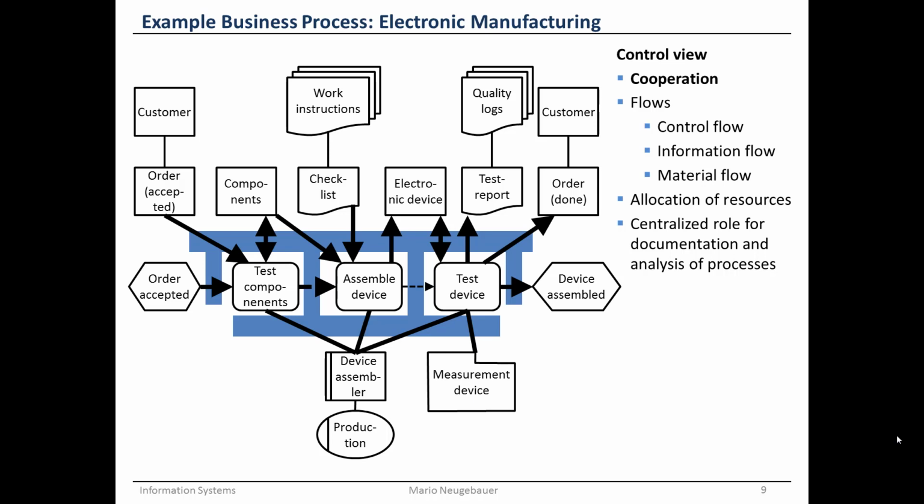And for a possible analysis, you also would look into this control view, because then you would see how the things connect, and maybe you would also see where redundancies are, or where work is done twice instead of only one time. So the control view, as you see in a minute, is situated in the center and somehow connects the different views in one aggregated view in this control view.